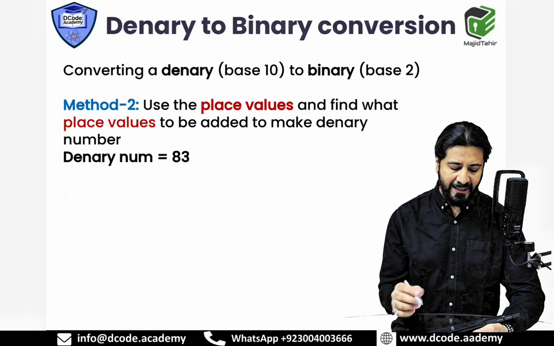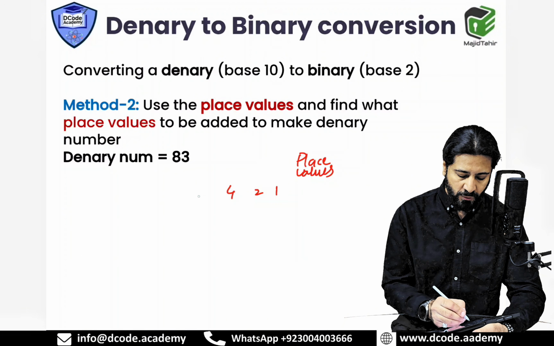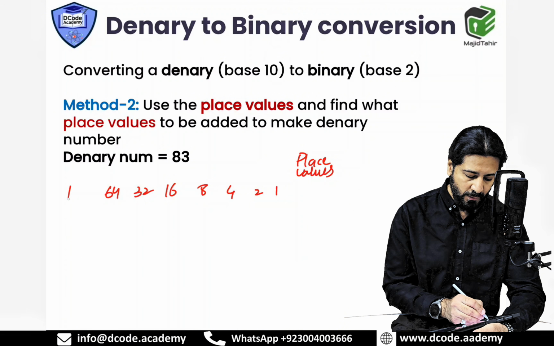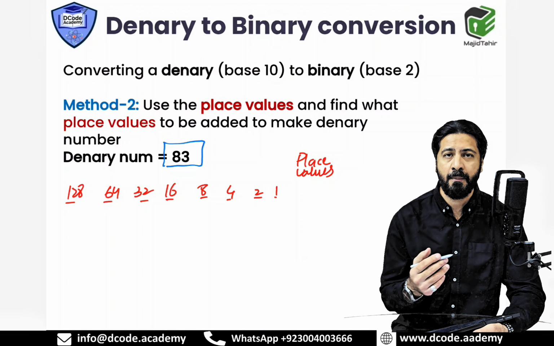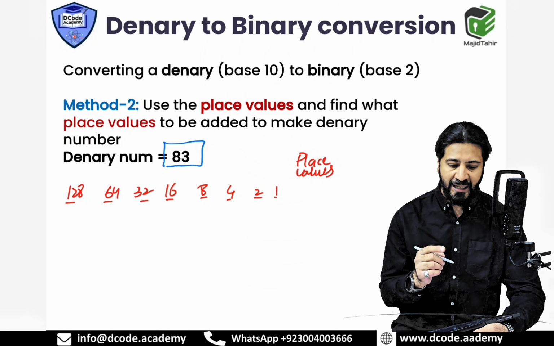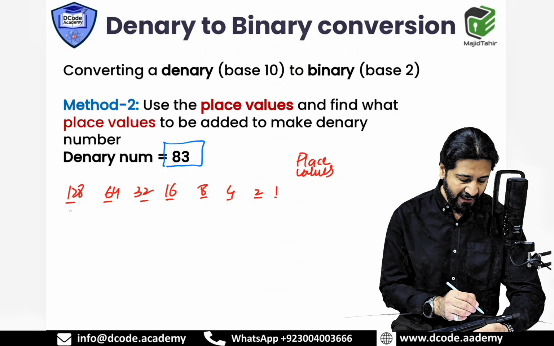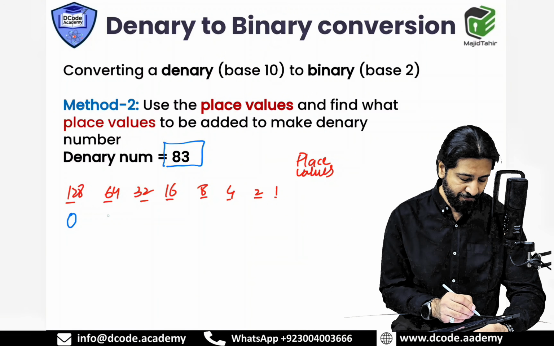The second method is very easy if you know the place values. So 1, 2, 4, 8, 16, 32, 64 and 128. I have to make 83. So I have to see what numbers I can choose to add to get 83. Now I know that every number must be multiplied by its place value. So if I put 0 over here, 0 into 128 gives 0.